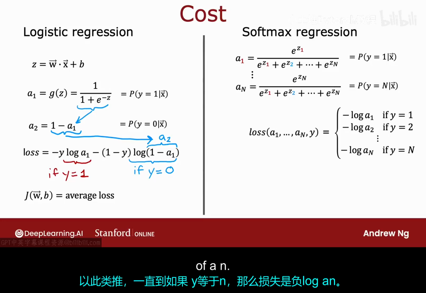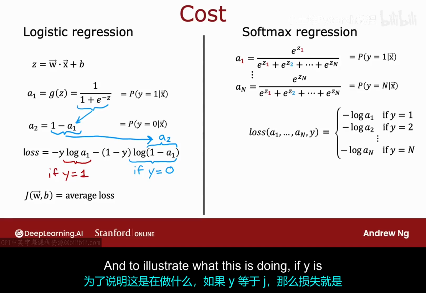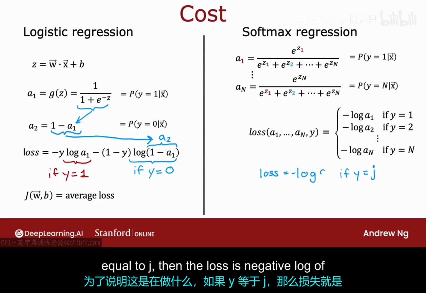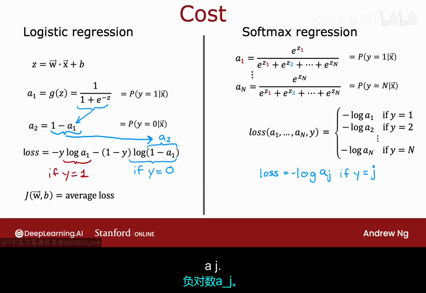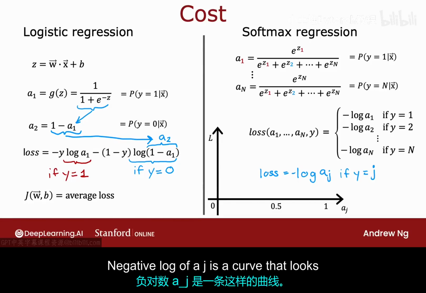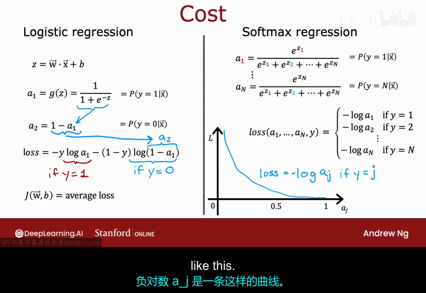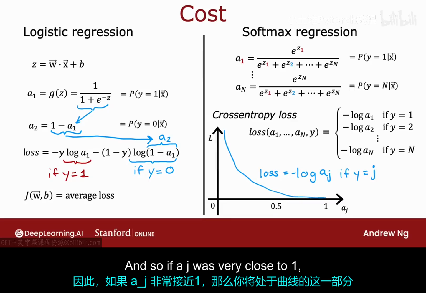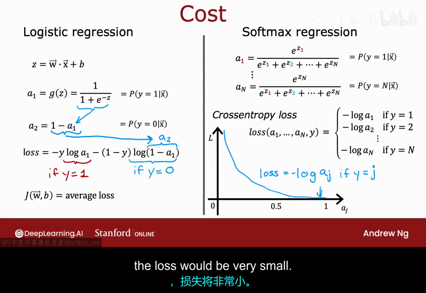To illustrate what this is doing, if y is equal to j, then the loss is negative log of aj, and that's what this function looks like. Negative log of aj is a curve that looks like this. If aj was very close to 1, then you'd be on this part of the curve and the loss would be very small.